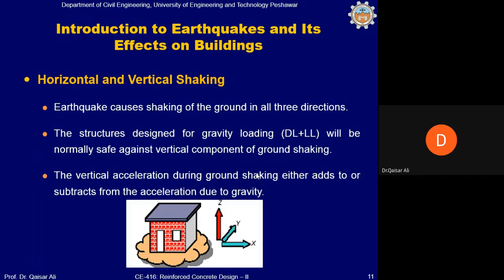So the weight of the structure will be reduced by 20% when the acceleration direction is upward. However, when the acceleration direction is downward during an earthquake event, then the weight of the structure will be increased.